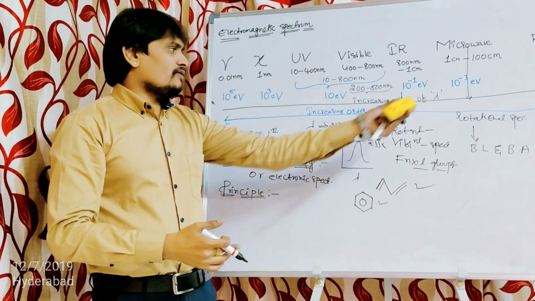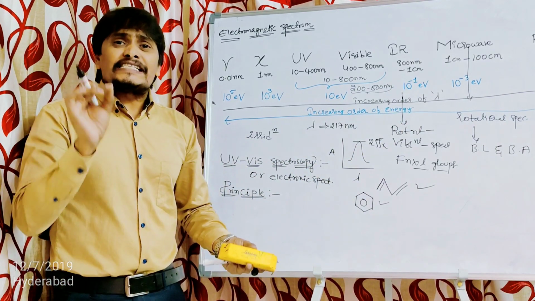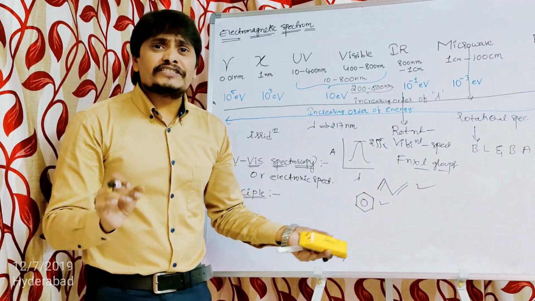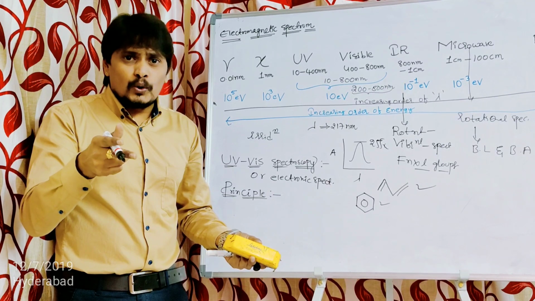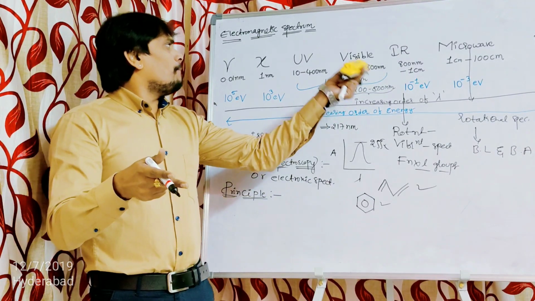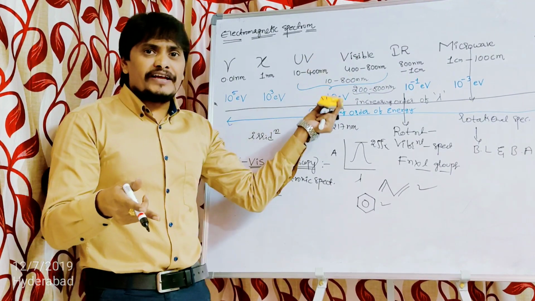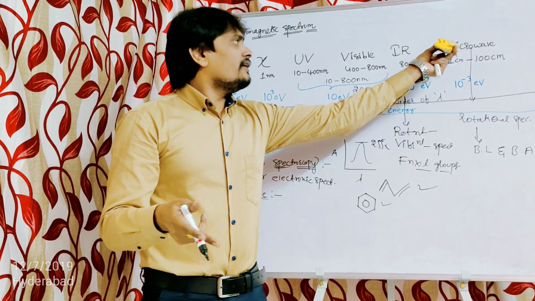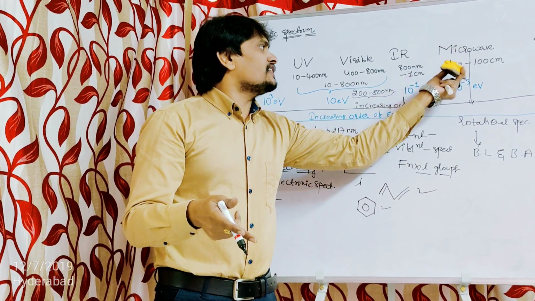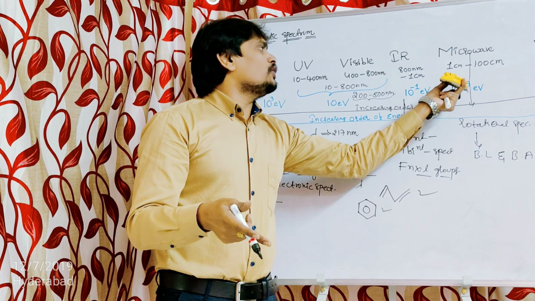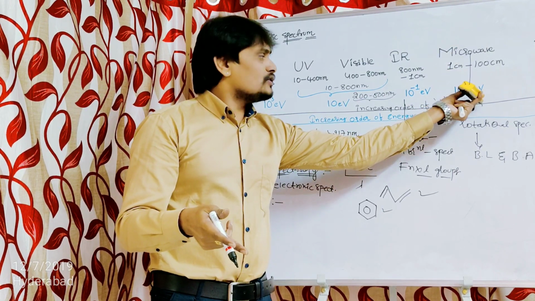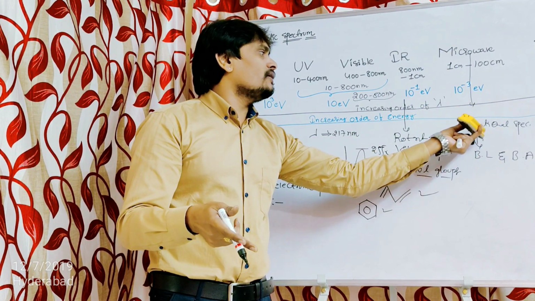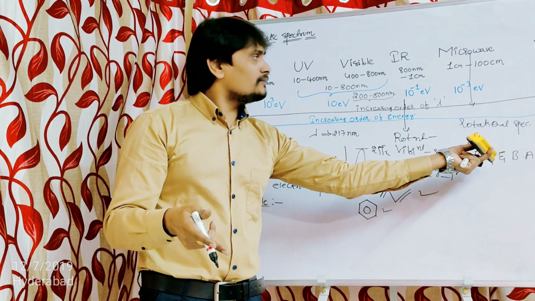I have already explained this. Why is it accompanied by rotational and vibrational changes? In order to get the UV visible radiations, first the radiation around 10 to the power of minus 3 electron volt should pass, which gives information about bond length and bond angle. Then the infrared radiations should pass.